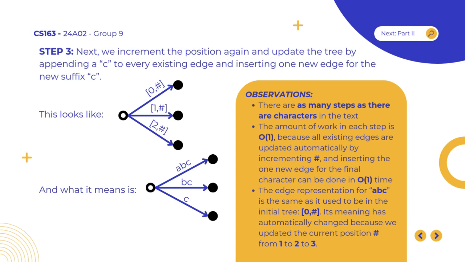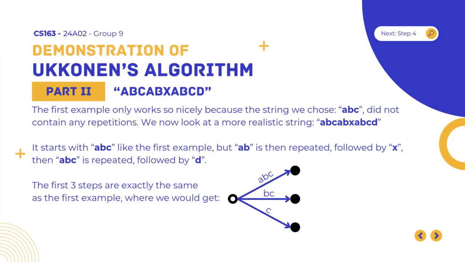The only thing that we need to add at the end of the day is the last character itself. But this is simple because this is a very easy string. ABC did not contain any repetition.